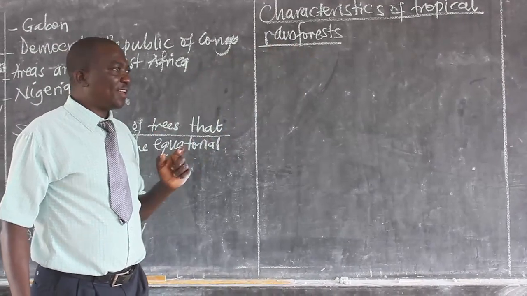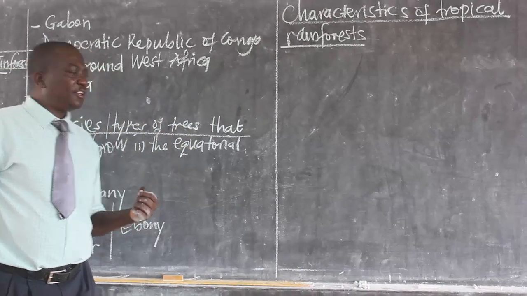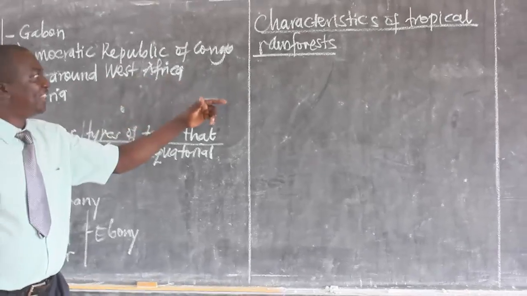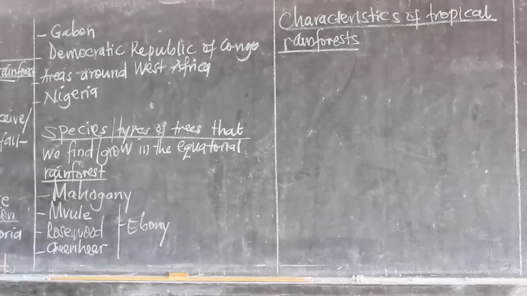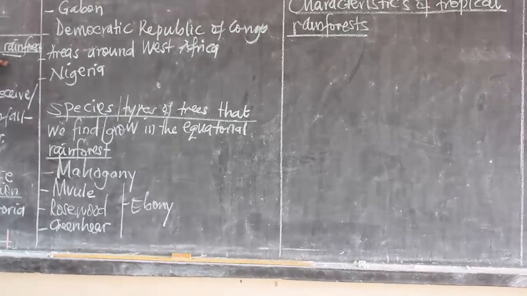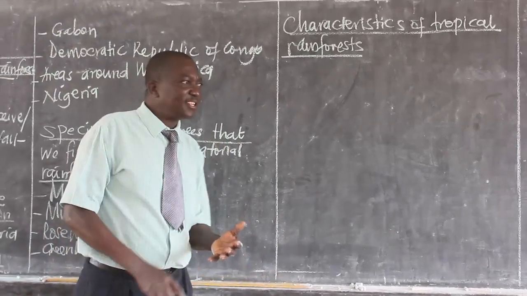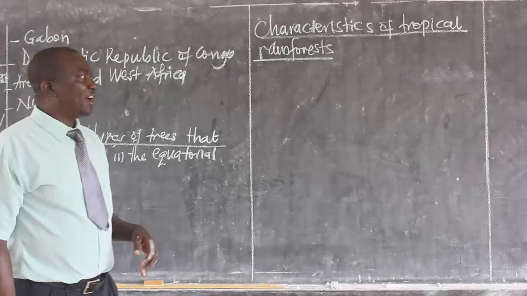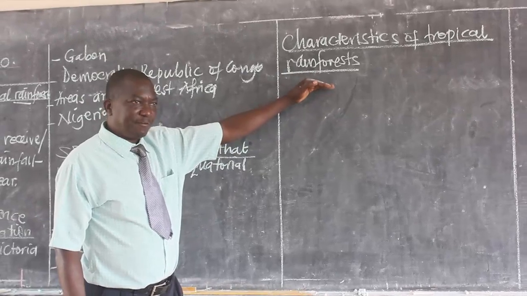So here we are saying we have the different vegetation zones in Africa that we mentioned. Why are we saying that you may find that this equatorial or the tropical rainforest is different from the rest, like in the desert, the Mediterranean, talk about the mangrove and many others. Why are we saying they are different?